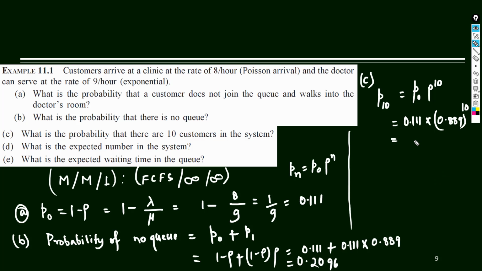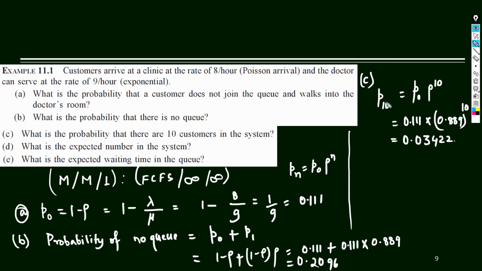So how much is that? That is 0.03422. It's not asking about 10 customers in the queue, it's asking about 10 customers in the system.